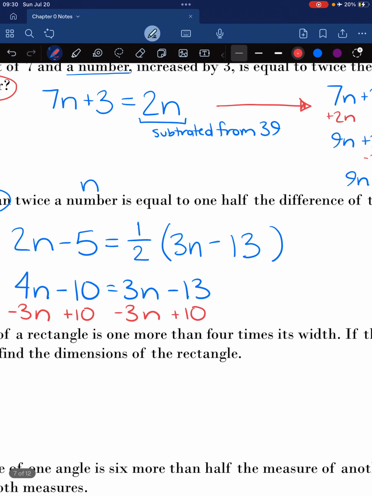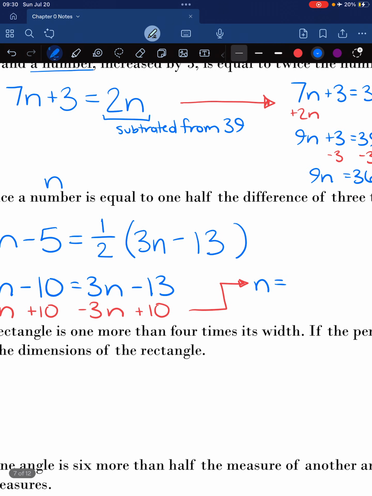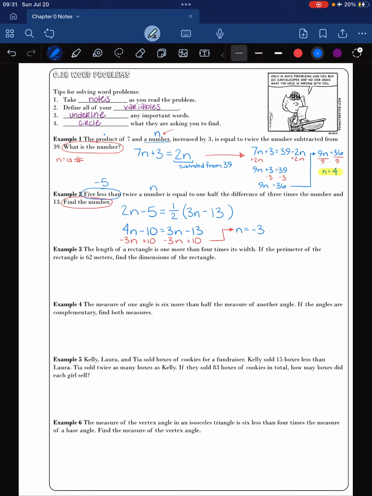I'm going to do them both at once. Because now I end up with 4n minus 3n is just n. Minus 10 and plus 10 is 0 equals 3n minus 3n, 0. Negative 13 plus 10 is minus 3. There we go.